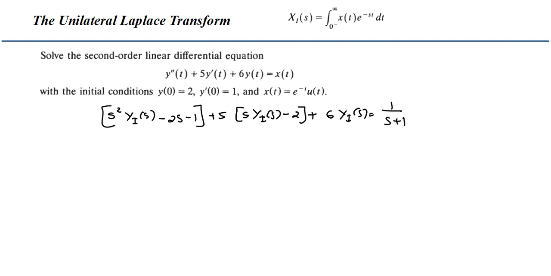So now we can group different terms. If you group the terms, you will get s square plus 5s plus 6 into the unilateral Laplace transform y of s, which is equal to 1 by s plus 1 plus 2s plus 11.